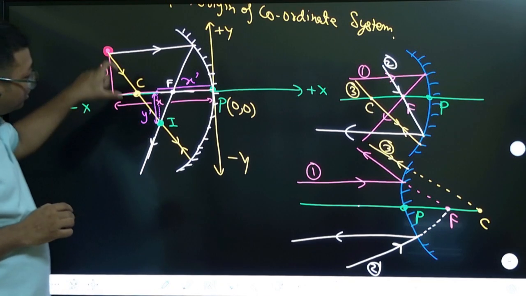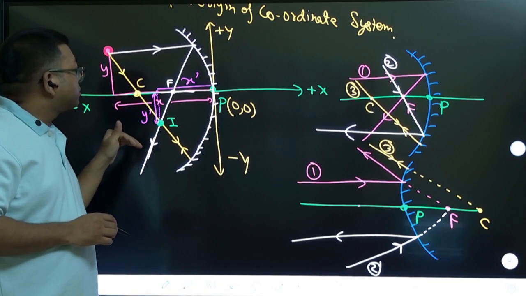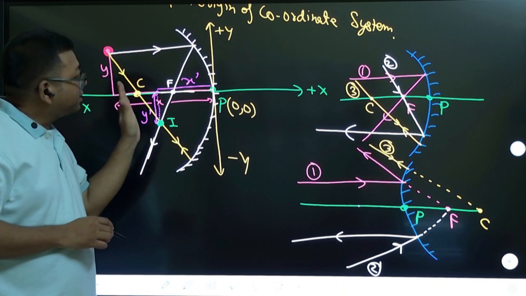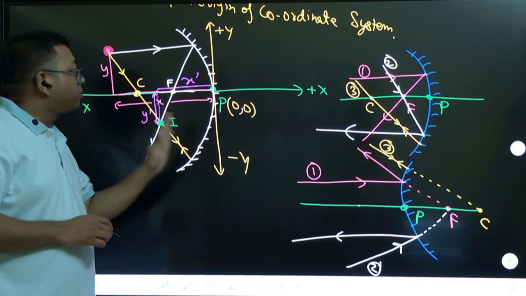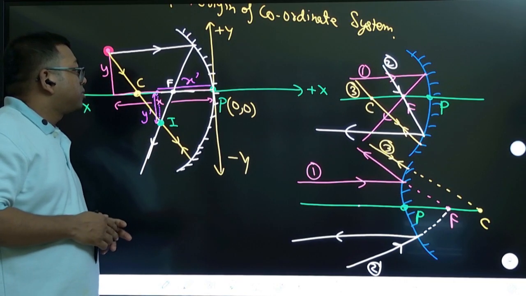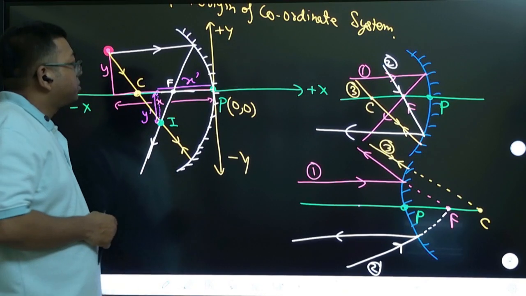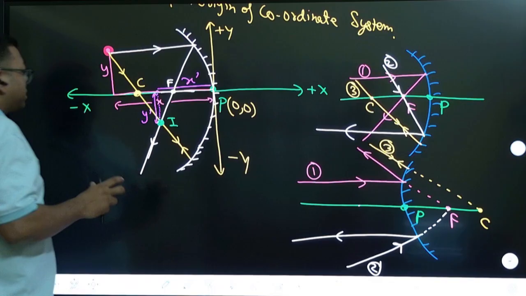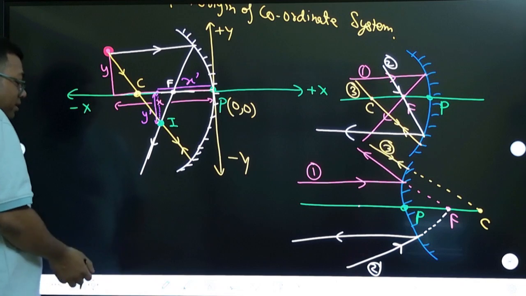Y dash is the vertical distance of the image below the principal axis, and x dash is the horizontal distance of the image from the pole. Pole is the origin of the coordinate system. So we want the relation between x dash and y dash, and x and y.